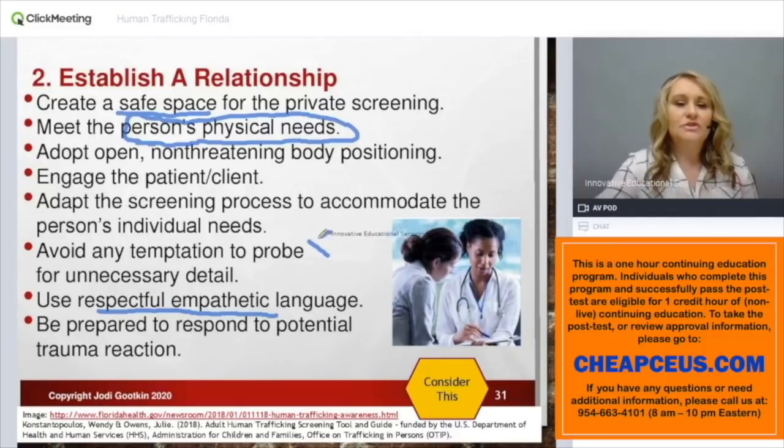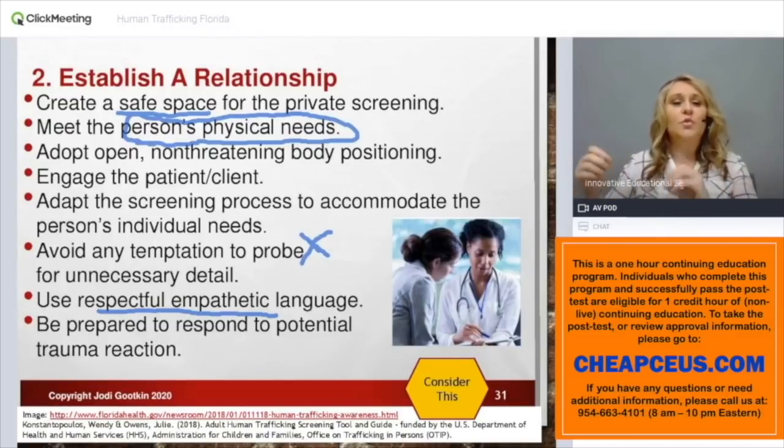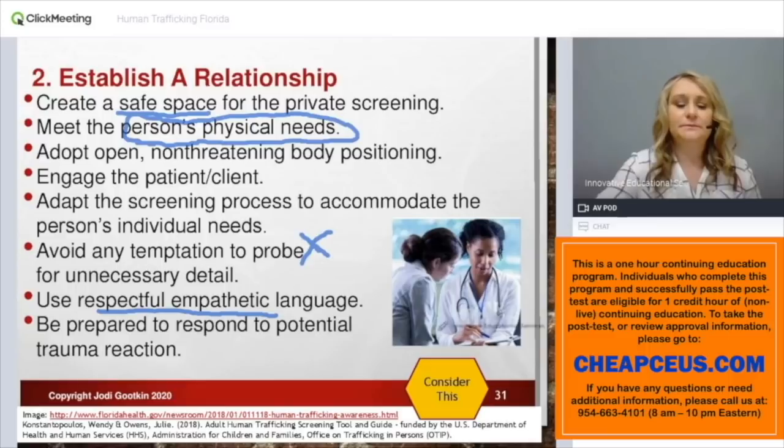We are not going to be probing to get as many details as possible. What our role is, if we see the red flags, the way they're interacting with us, we have a sense that they might be a victim of trafficking, we're going to look at focusing on reporting that to the right individual who will then investigate.